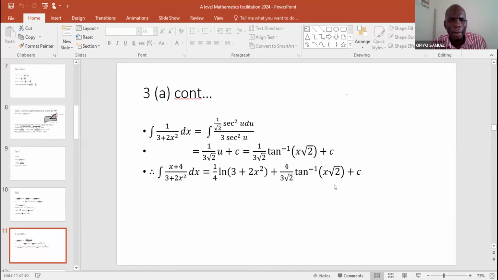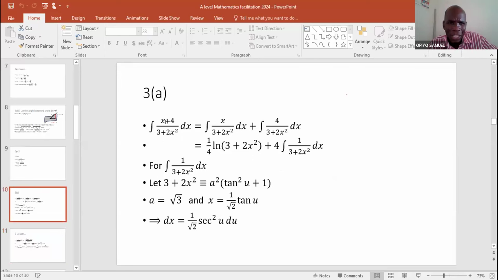Yes, there are many techniques that may still work. You can use change of variable here, and it may work for all of them.